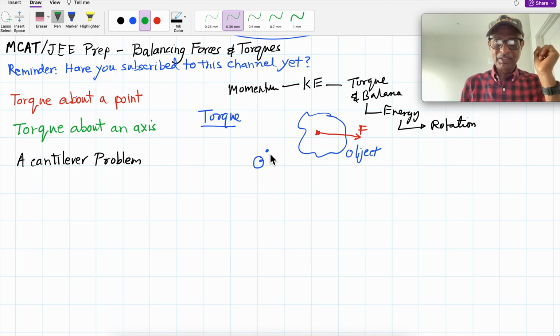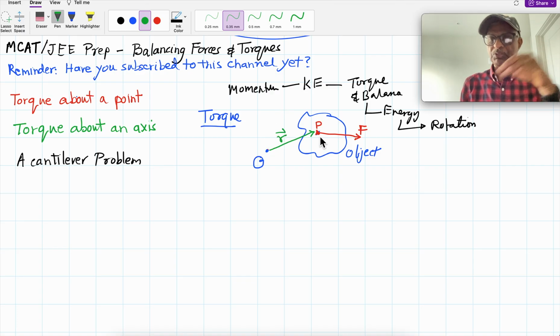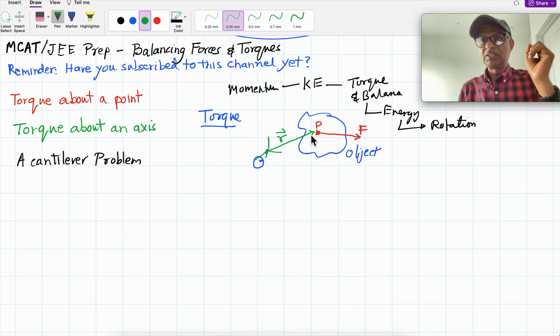So let's call the point where the force is applied P, just to make sure it's a point, and this is another point. From one point of space to another point, there will be a vector. This vector is the position vector for that point P with respect to O. If you had a coordinate system, this would be the position vector. It doesn't have to be the origin, it's just a point. So this is just a vector from O to P.